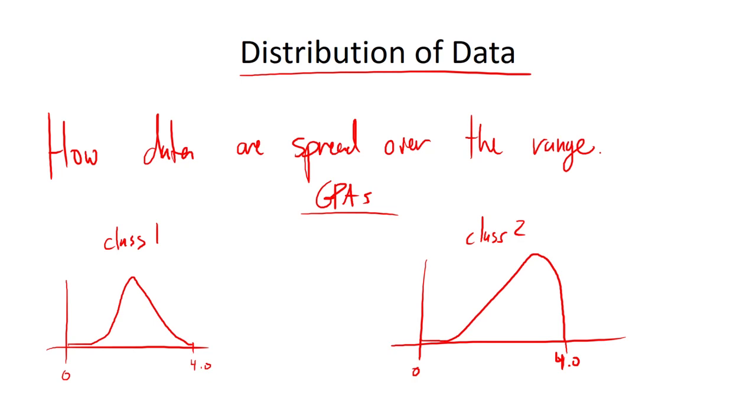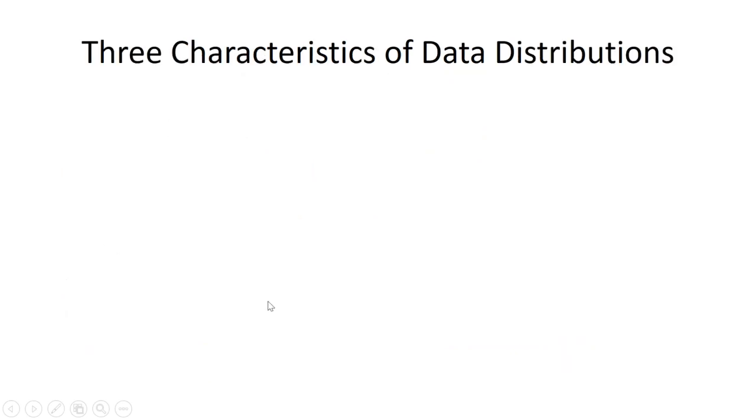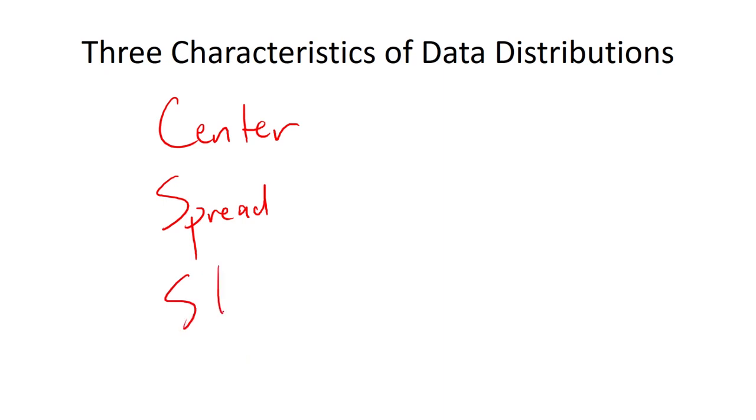Okay. And so there's 3 main characteristics about the distribution of data. What we care about is the center, the spread of it, and we care about the shape. So where's the center of the data set? How spread out is it?